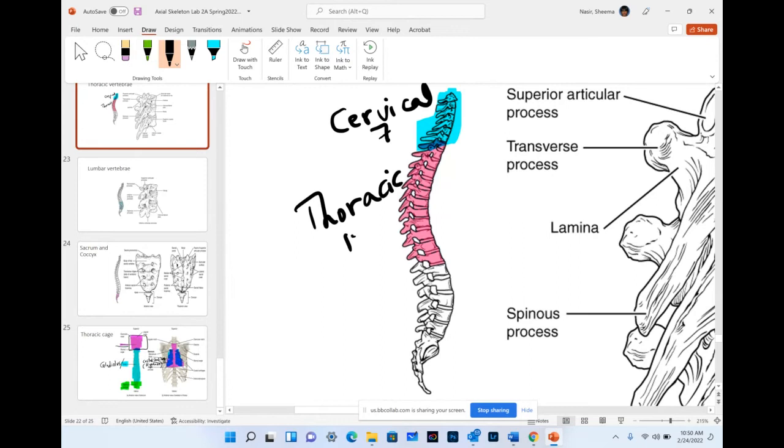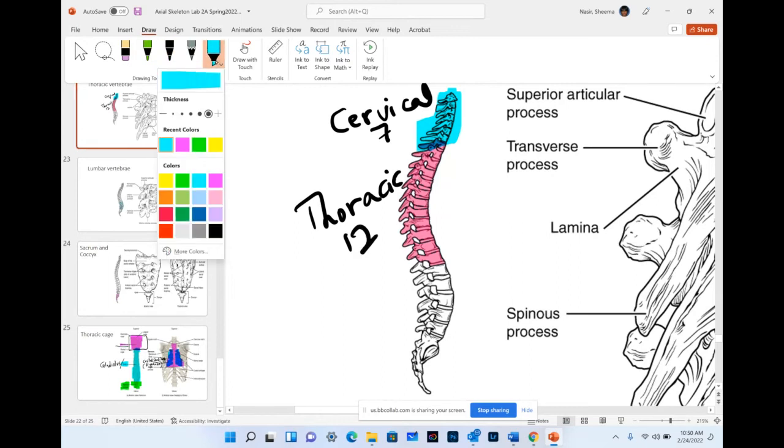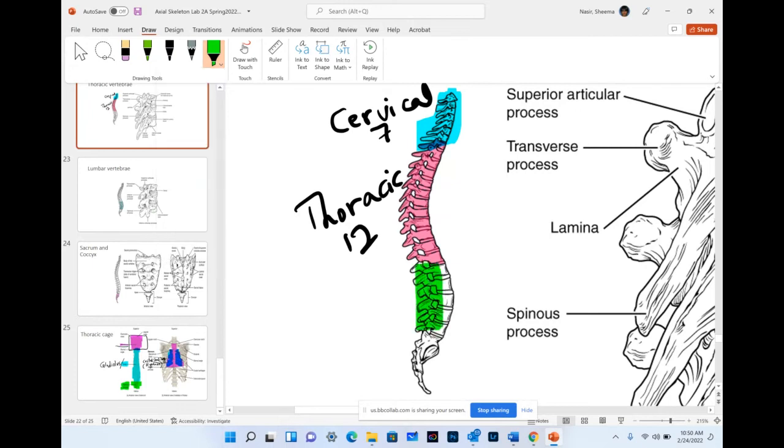How many in that? 12. And then you are going to look at lumbar, and those are going to be 5. Oh, that is your lumbar right here. And those would be 5.